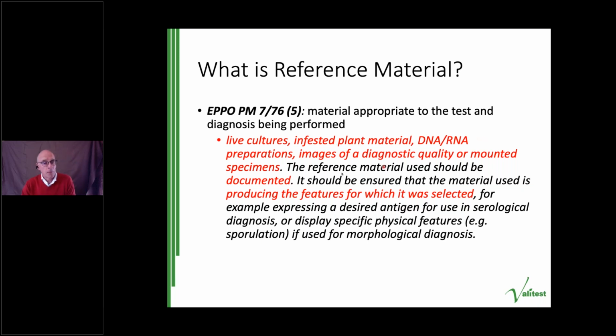But the EPPO definition also mentions that the reference material used should be documented, and it should be ensured that the material is producing the features for which it was selected. Explicitly, that means if you use reference material, for instance, in a serological assay, you need to know that it actually expresses the desired antigen that you are testing for, or that it displays specific physical features if it's used for morphological diagnosis.